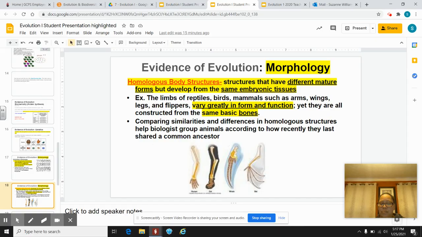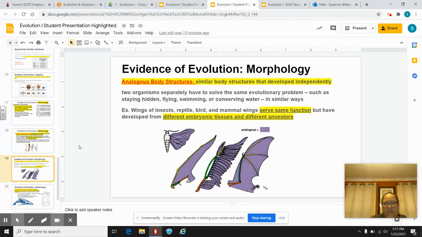Now we're going to compare this with analogous body structures. AN as a prefix means the opposite or different. So you have similar body structures.